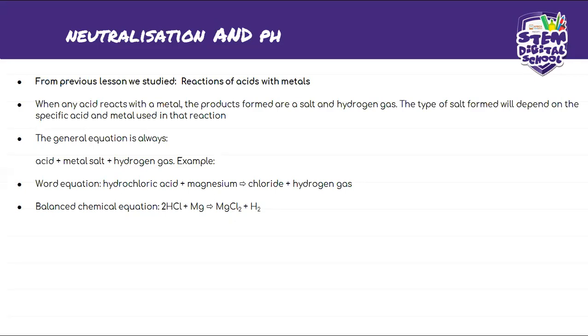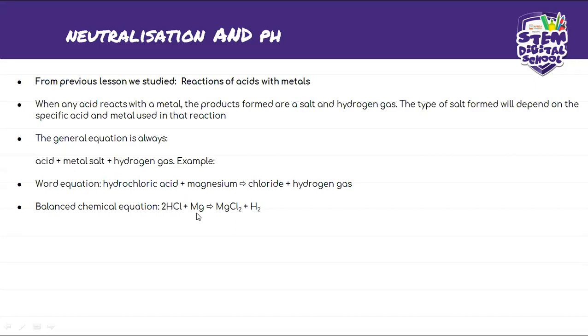So now let's look at the word equation. Hydrochloric acid reacting with magnesium gives us magnesium chloride and hydrogen gas. So let's look at the balanced equation here. Guys, take note how we balance these things. We have HCl reacting with magnesium.